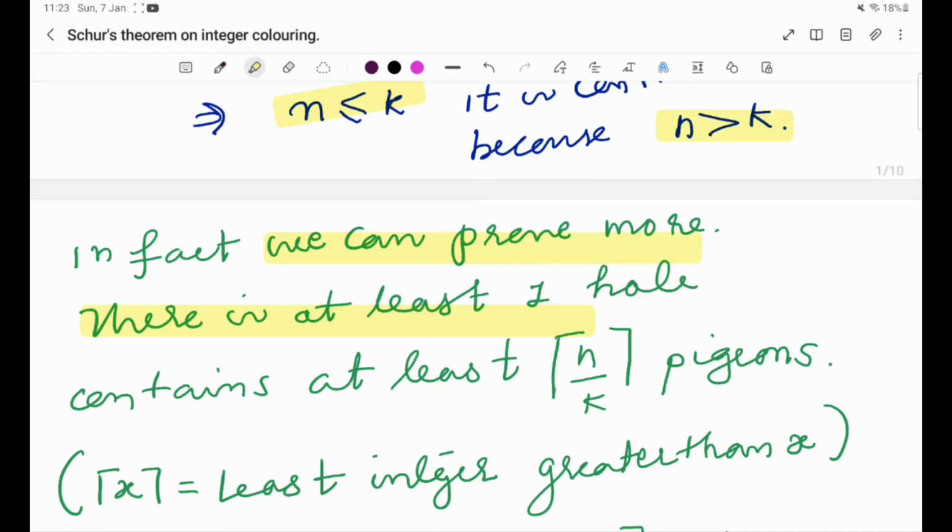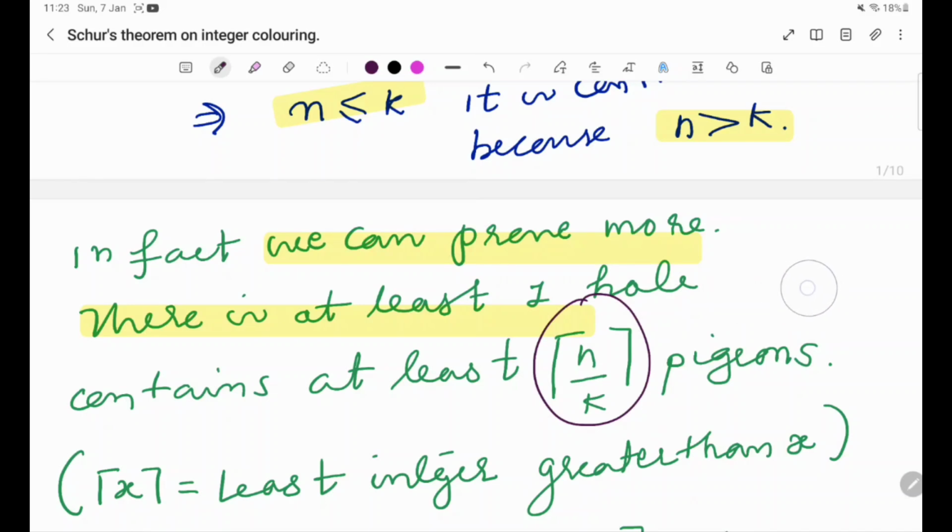You may be familiar with the floor function: whenever you have a real number, the function gives the next integer. For example, if you have 1.7, the next integer coming is 2.